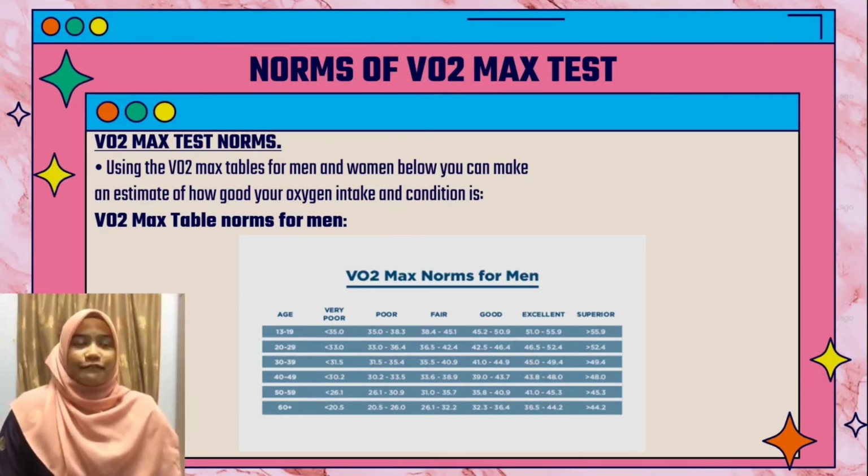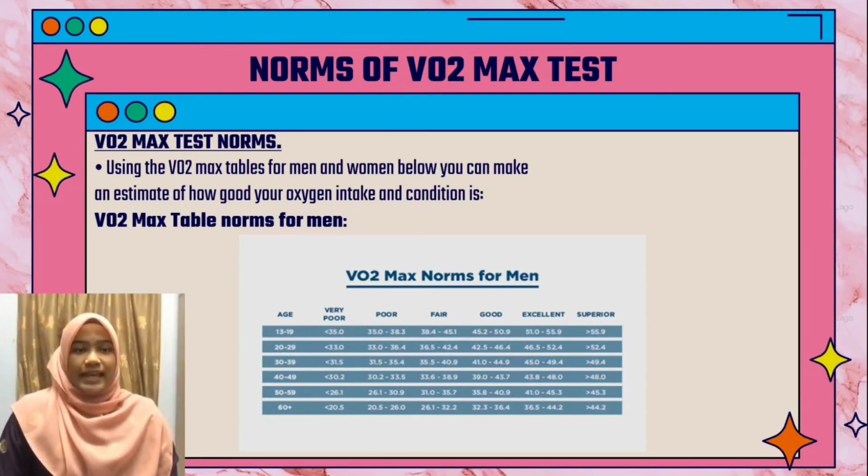So for the first slide, I will explain about the VO2 max norm. It is the maximum oxygen uptake you can get. Using the VO2 max table for men and women below, you can make an estimate of how good your oxygen intake and condition is. So, there are two tables of norms, one for men and one for women.